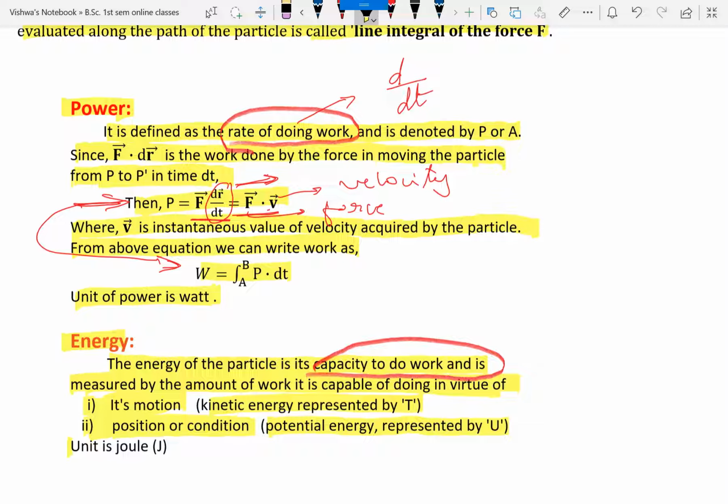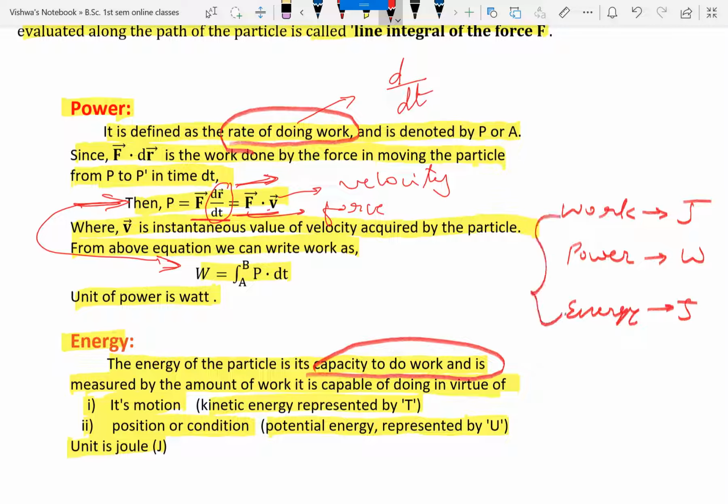It is represented by U, and the unit of energy is joule. Keep in mind, the unit of work is joule, the unit of power is watt, and the unit of energy is also joule. Work and energy have the same units, and the power unit is watt.